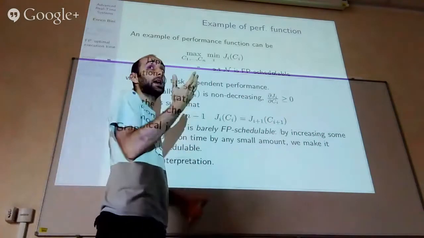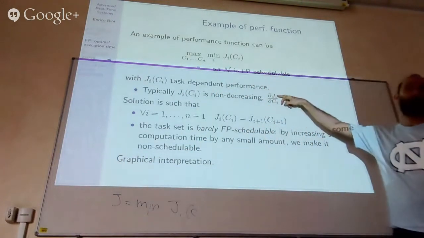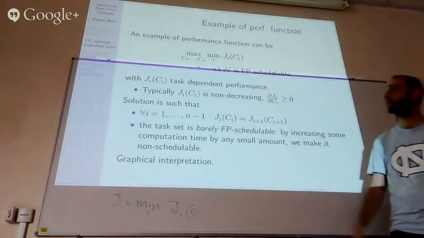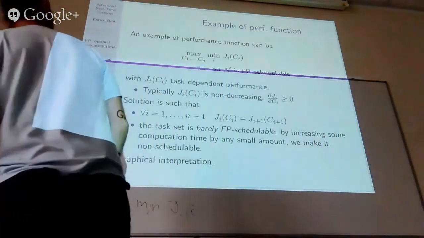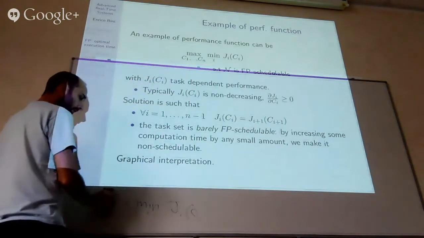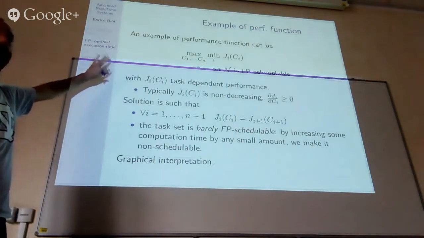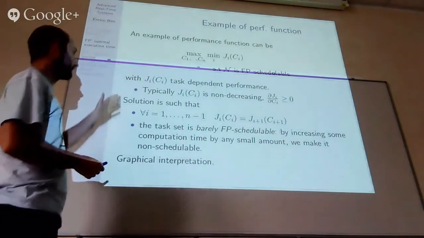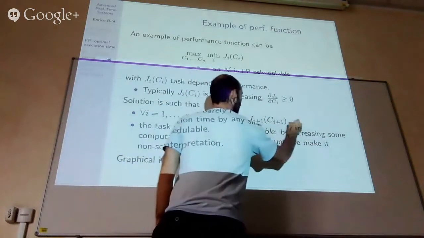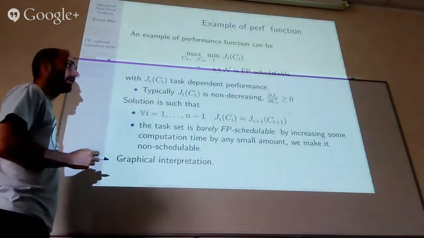So a very classic, very natural hypothesis is that the derivative of the task performance with respect to the computation time is non-negative, so positive or zero if you want. And if you have this hypothesis, we can already say something about the solution of this problem, just from this very weak hypothesis. What we can say is that this property holds: at the solution, all the costs will be the same.